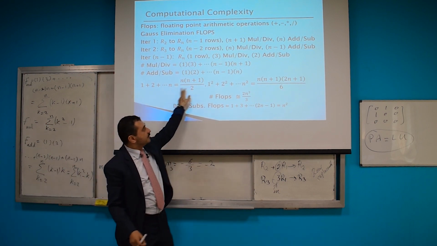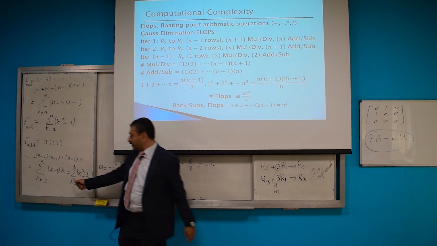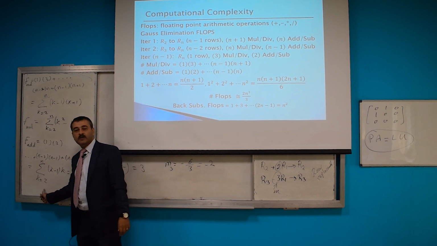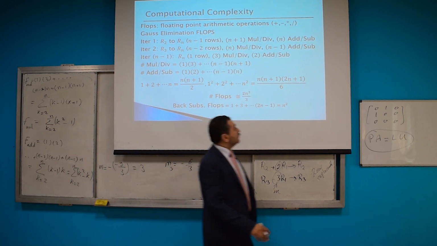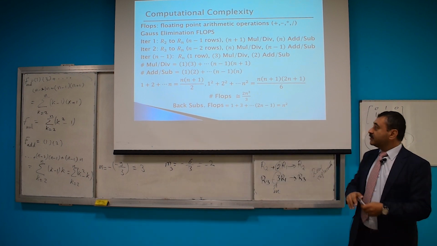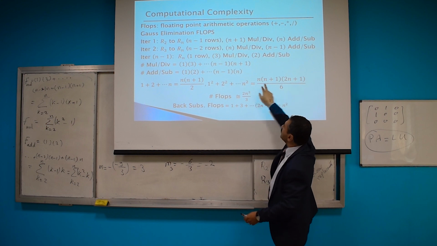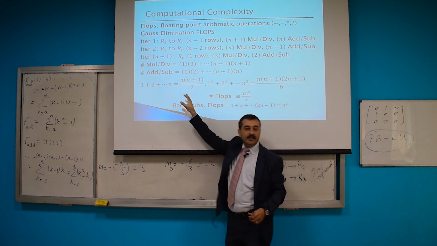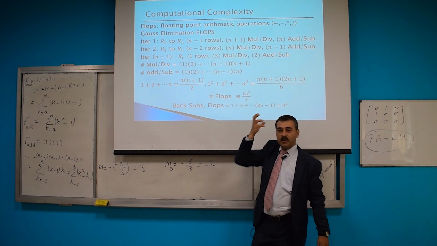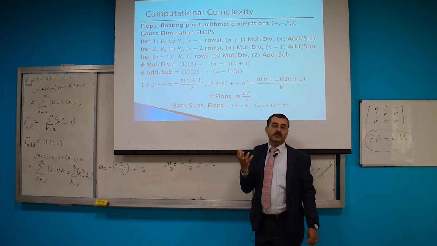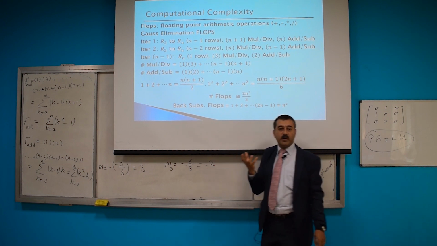It's very simple. But make sure that you start from 2, not from 1. If you collect these terms together, you will get something multiplied by n cube, by n square, and so on, and n and constant. So I'll take only the dominant term, the most significant, the highest power.